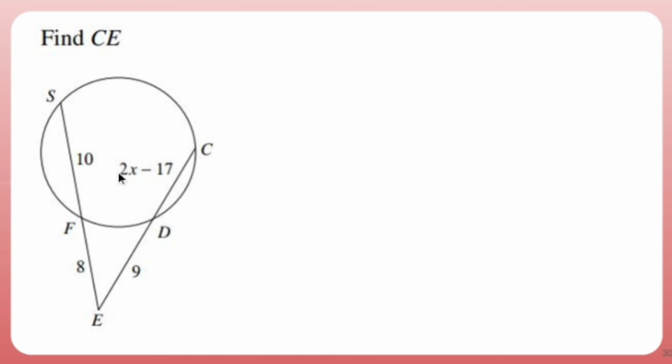There is a rule that says if you have two secants, you take the entire secant, multiply the outside part. So SE times FE is going to equal the entire secant, CE times DE.